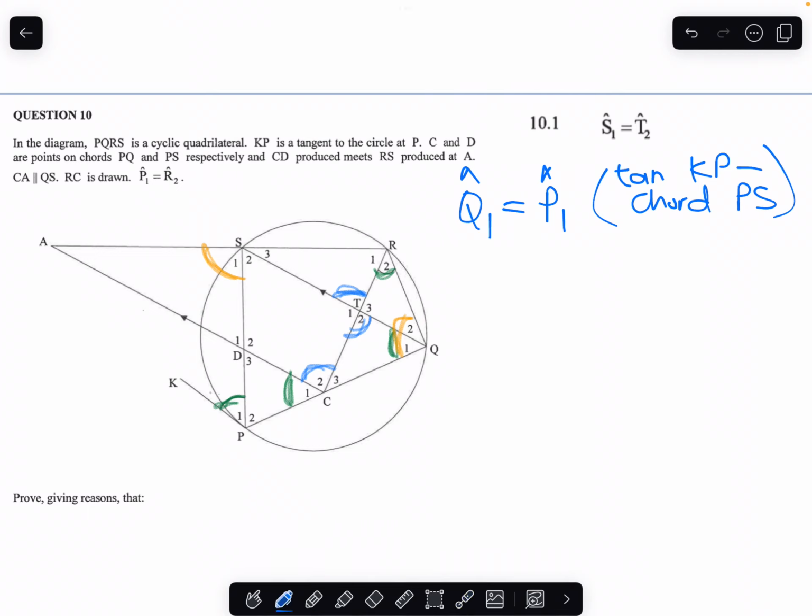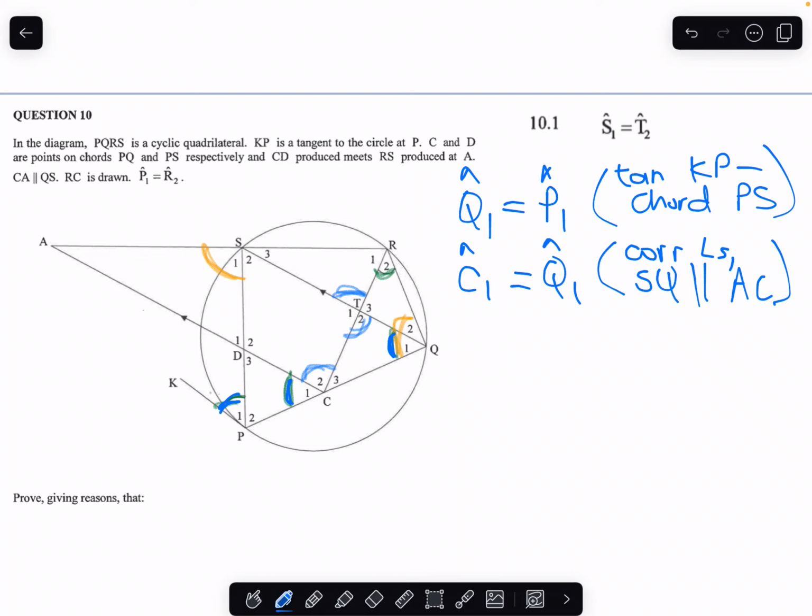Right, then next up we said C1 is equal to Q1, and that is because of corresponding angles. The parallel lines we're looking at are SQ and AC. So that gave us these relationships over here.